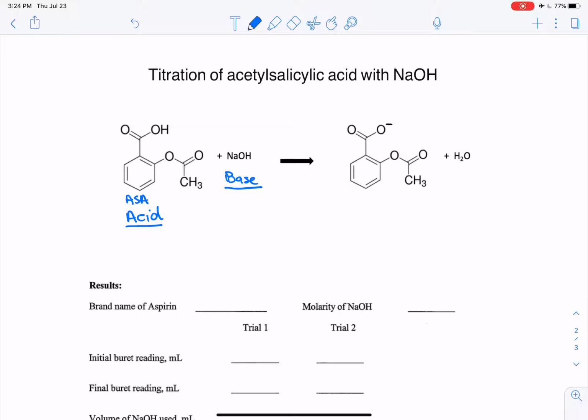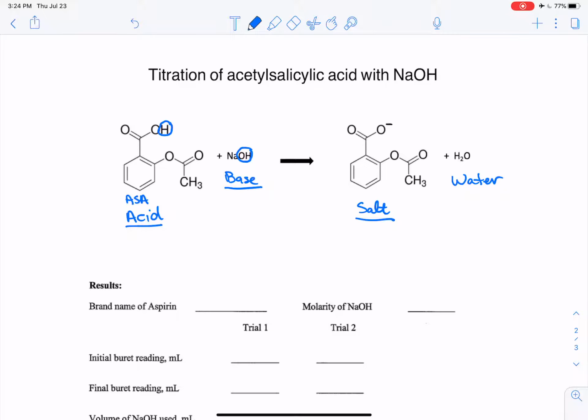And we're going to create a salt and water. So H2O is our water. And over here we have the salt, but we're missing a little piece, and I wanted to draw that in for you because sometimes you'll just see the anion sitting there. So this is the acidic proton right here. That's what jumps off. So it gets together with OH minus.